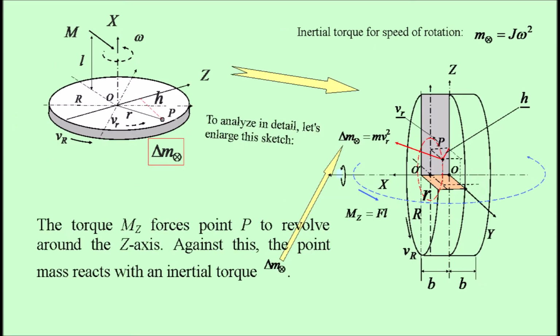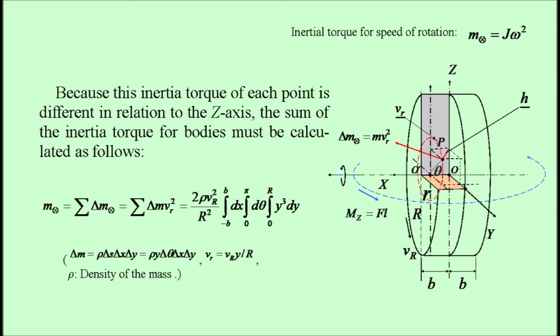To analyze in detail, let's enlarge this sketch. The torque Mz forces point P to revolve around the z-axis. Against this, the point mass reacts with an inertial torque M. Because this inertia torque of each point is different in relation to the z-axis, the sum of the inertia torque for bodies must be calculated as follows.